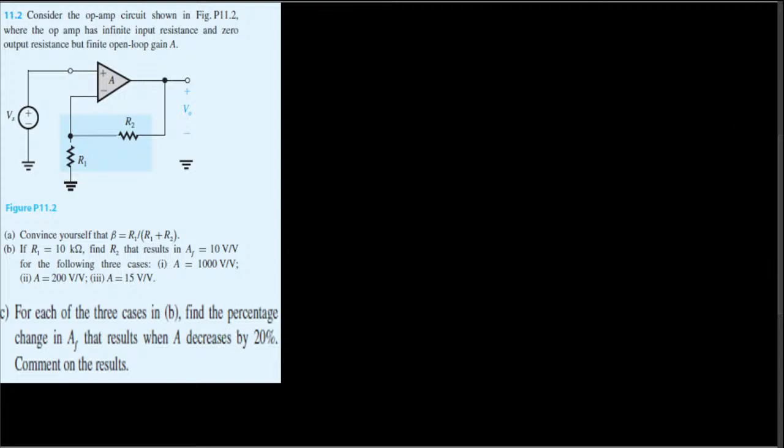So in order to calculate the 20% decrease of this gain, let's put a new A, and I'm looking at case 1. In the first one, we have 1000 voltage per voltage. That's the initial gain, and if it decreases by 20%, the new one is going to be A minus, since it's decreased, A times 20 over 100.